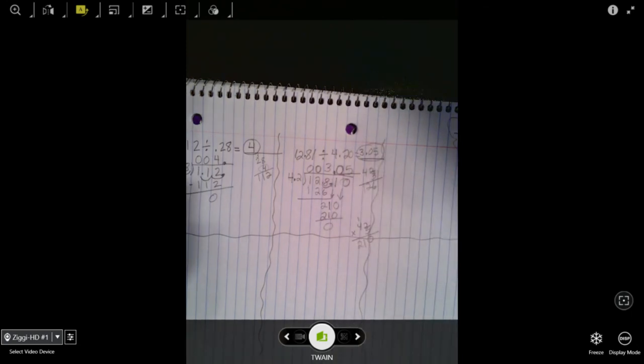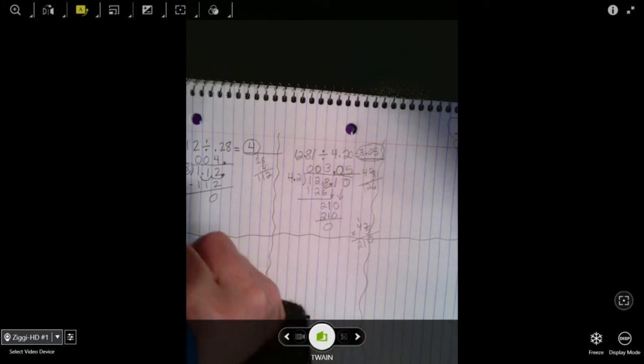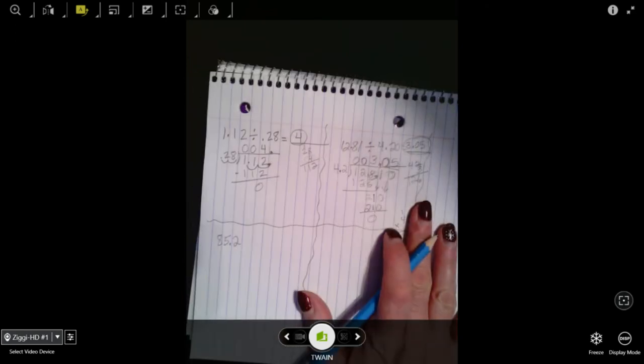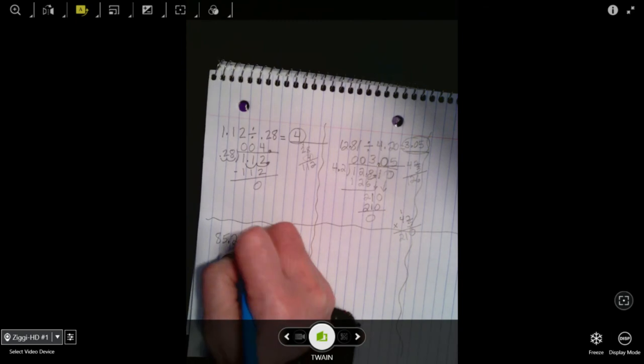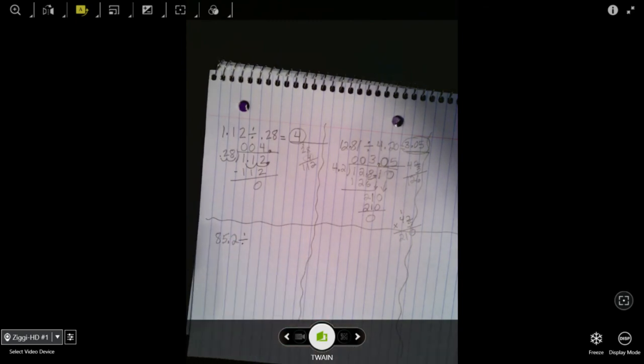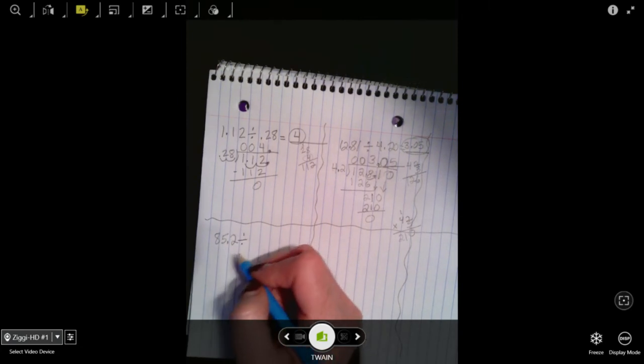Okay, I'm going to solve another one. This time I'm going to put 85 and 2/10 divided by, I'm probably only going to do about 4 problems with everyone today, divided by 4.8.